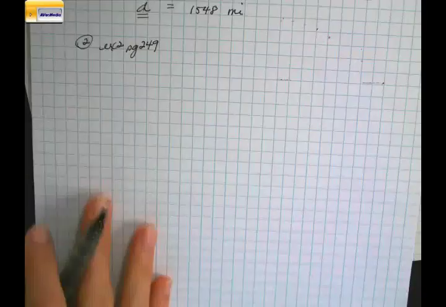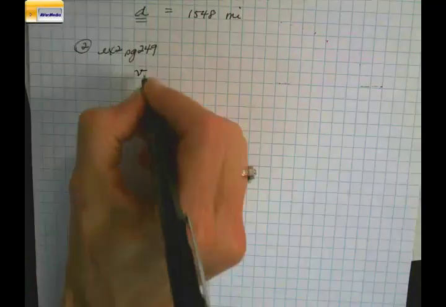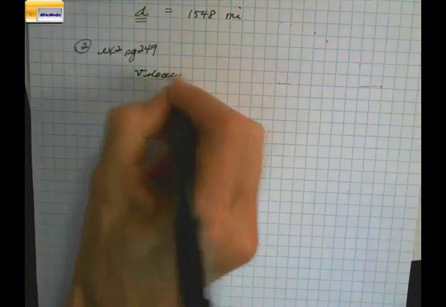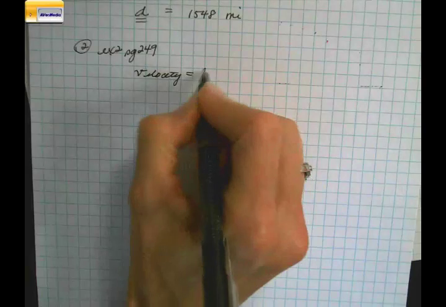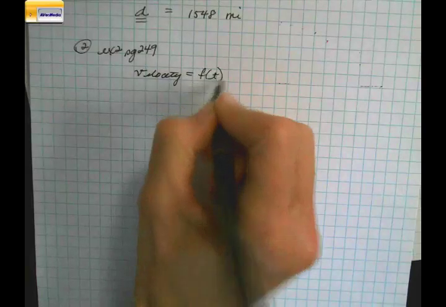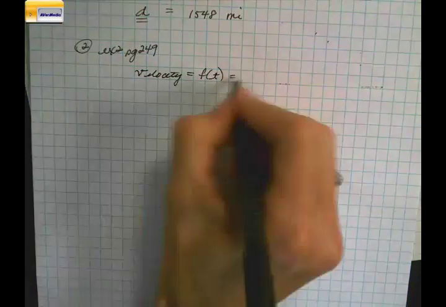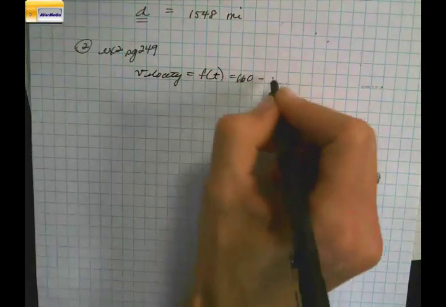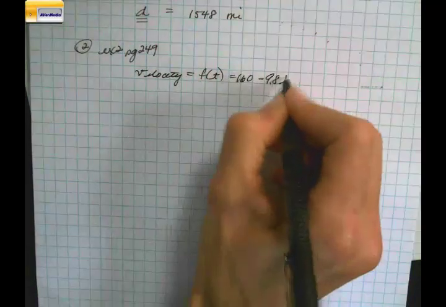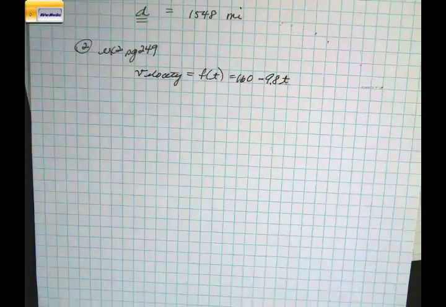Okay, we can write a little of this data down. The velocity is given as f of t. Instead of giving us v of t, y'all got to be really careful. The velocity here is f of t equaling 160 minus 9.8t, and that is the velocity.